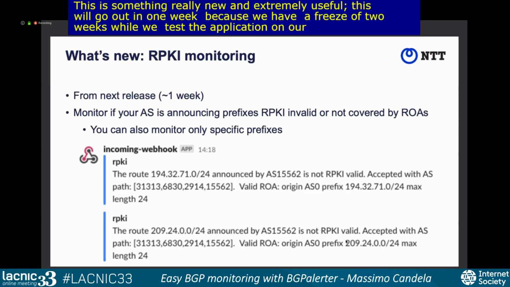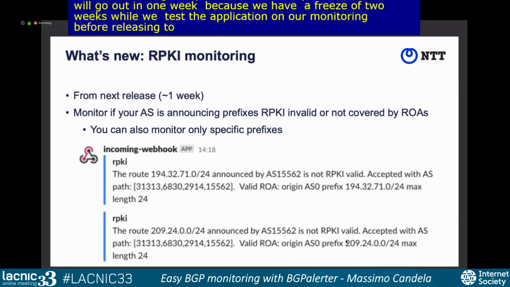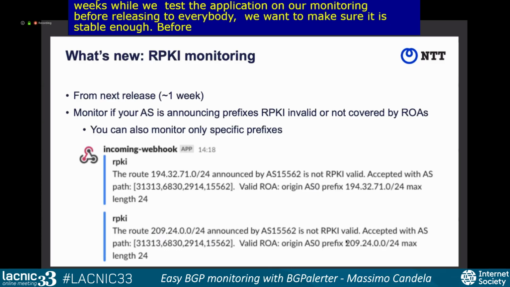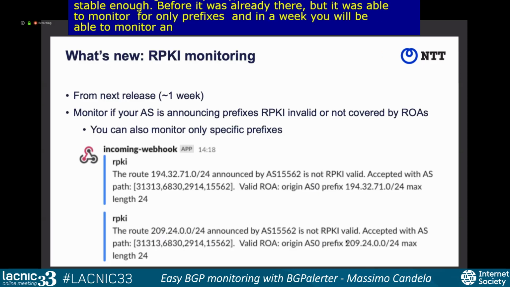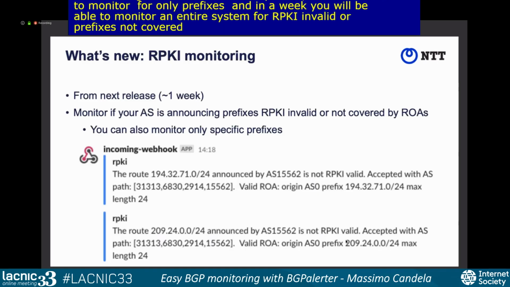Before, it was already able to monitor specific prefixes only. And in a week, you will be able to monitor an entire autonomous system for RPKI invalid prefix announcements and prefixes that are not covered by ROAs. The second part is optional, so you can just say, just monitor for RPKI invalid. Don't worry about my unsigned prefixes.